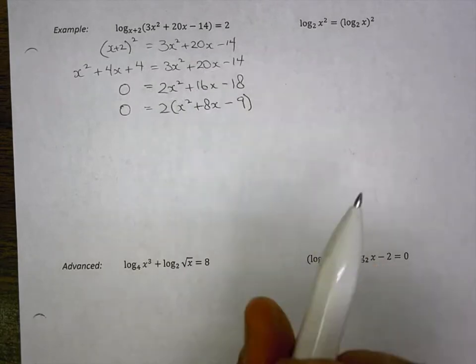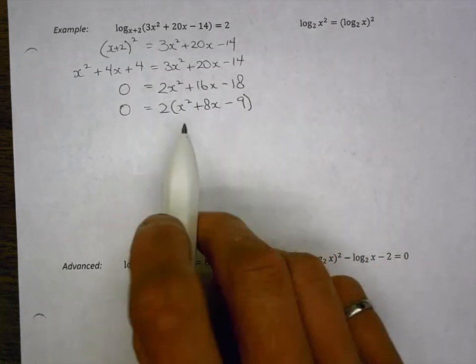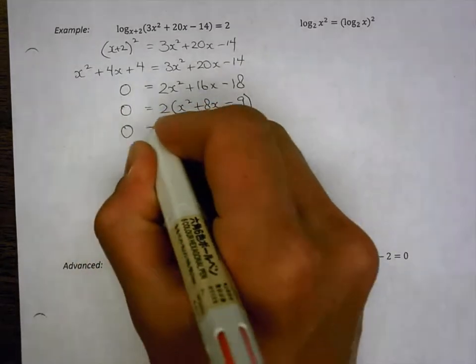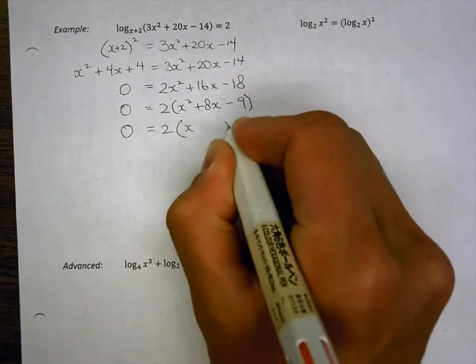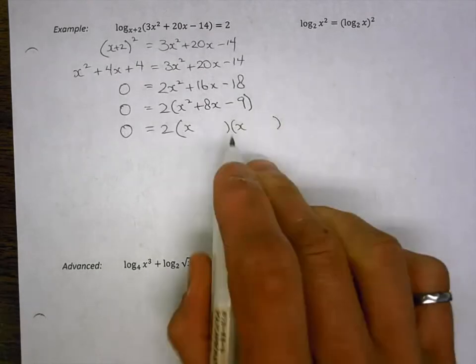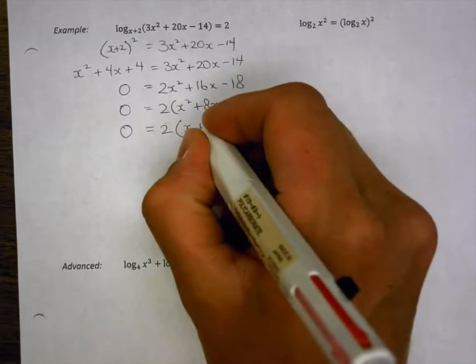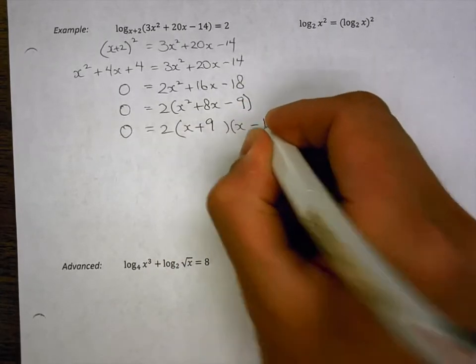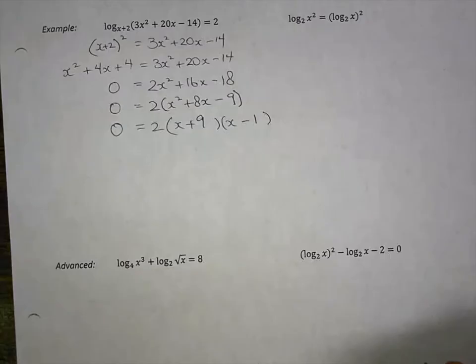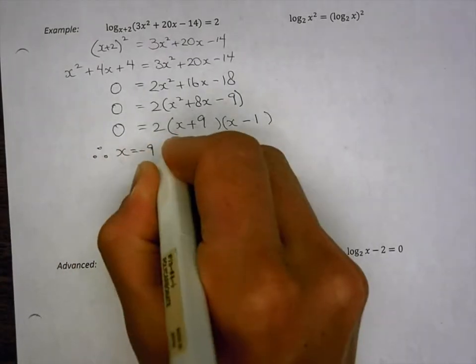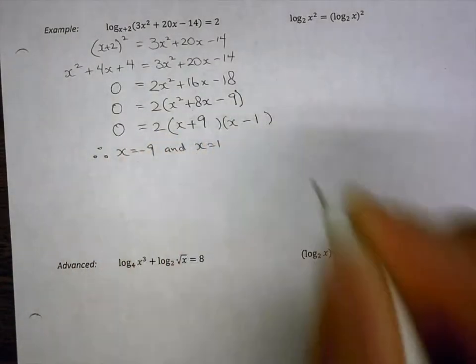So let's see, can I do this one by inspection? Two numbers that multiply to 9 are 9 and 1, and it would be positive 9, that would give me a high number there, and minus 1. So my solution is x is equal to negative 9 and x is equal to 1.